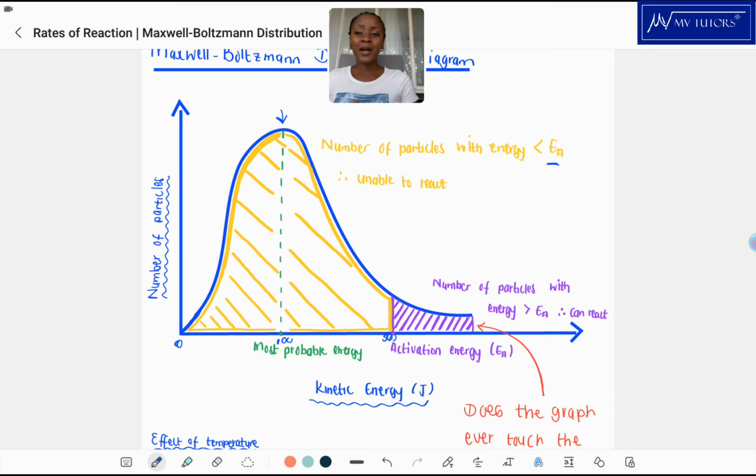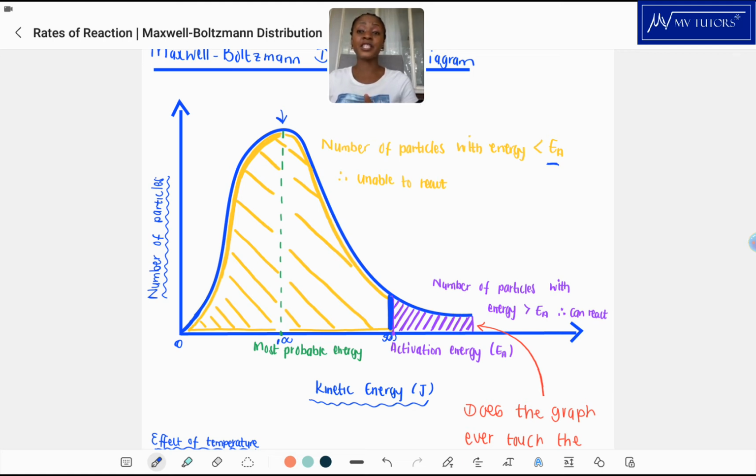And then we get to the part that is shaded in purple. This purple line here, the vertical one, indicates the activation energy, hence I put it as EA.